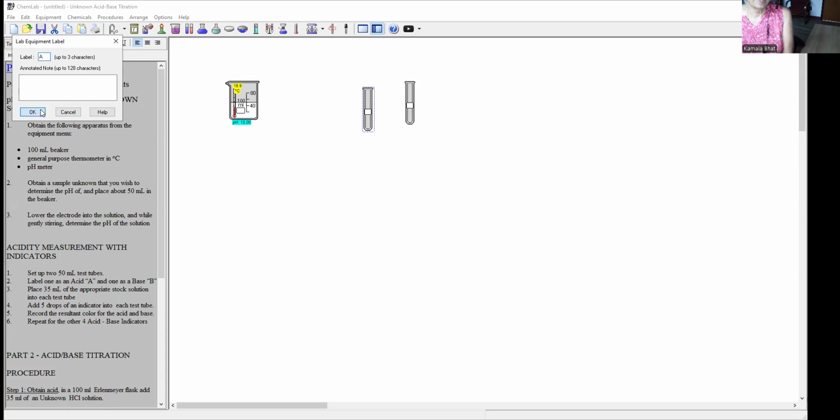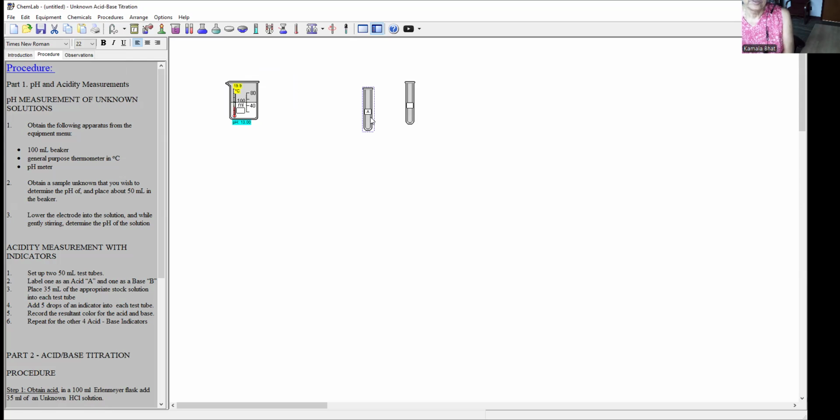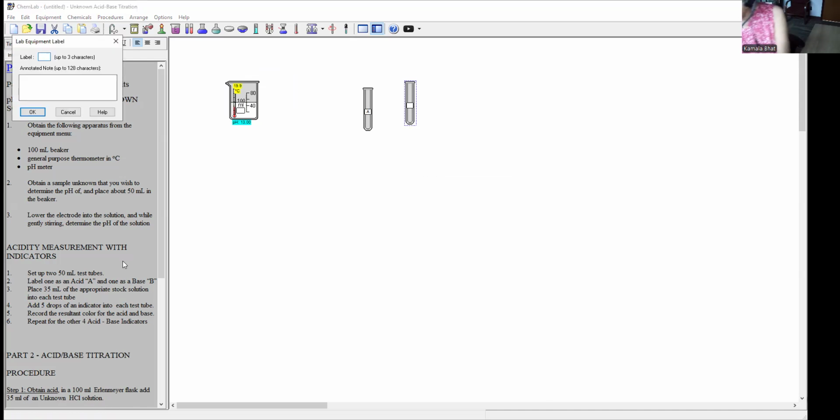And remember, you can add up to three initials. So label one, and then you again label the second one as B. And whatever name and initial you want, it's up to you to add.